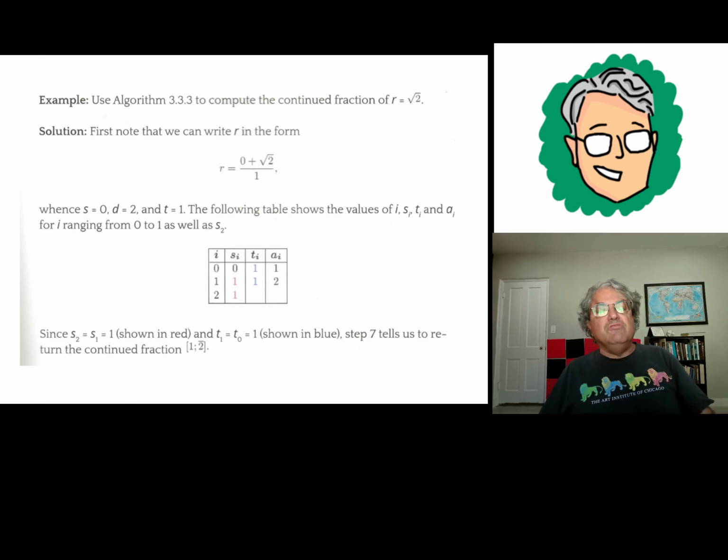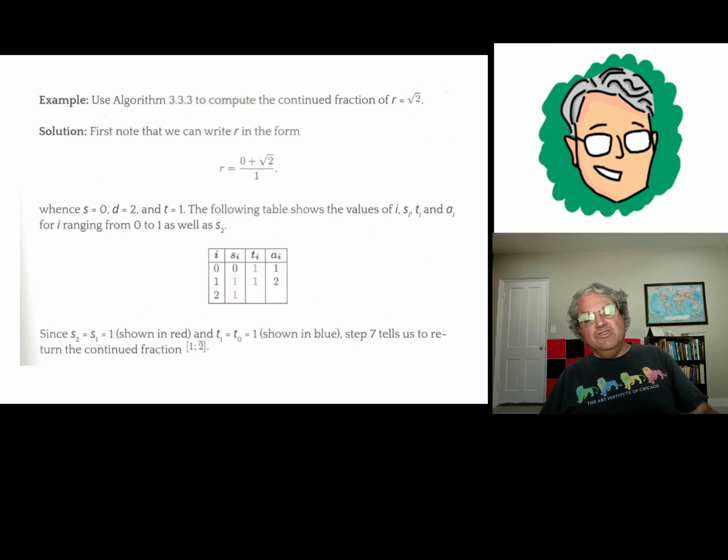Notice that we have 2 numbers in a row in red in the second column, s sub 1 and s sub 2, and we also have 2 numbers in a row in the t column, t sub 0 and t sub 1. That means that our period is 1, and we're basically done. That means that every continued fraction coefficient from here on is going to be the same as the last one, namely 2.